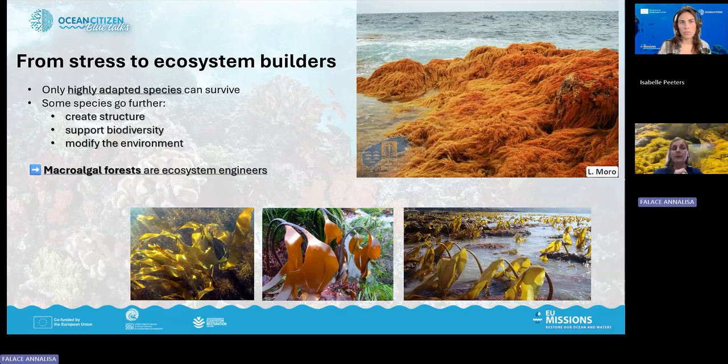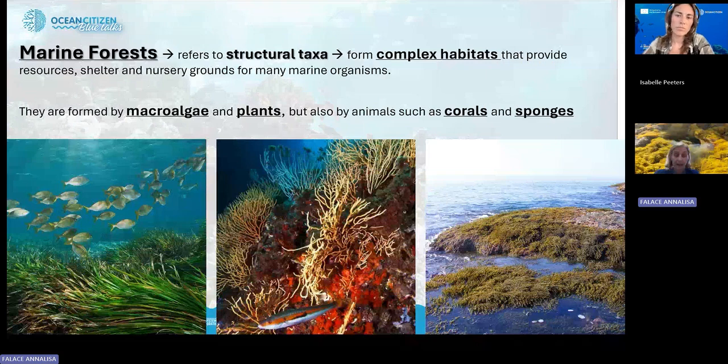Normally, they are formed by macroalgae or plants, as for example in the Mediterranean Posidonia, or other seagrasses in the ocean like Cymodocea, Zostera, etc. But marine forests also refer to animals such as corals, sponges, and gorgonians that have this three-dimensional shape and create complex habitat.